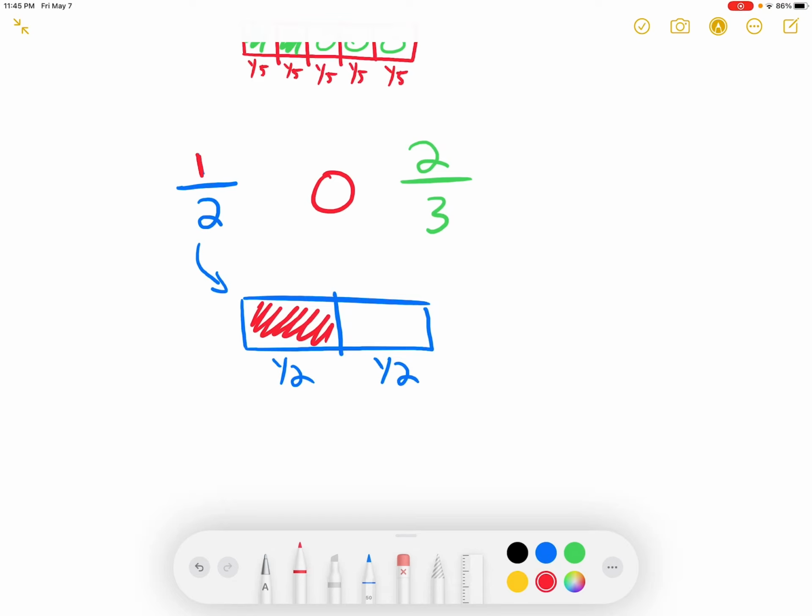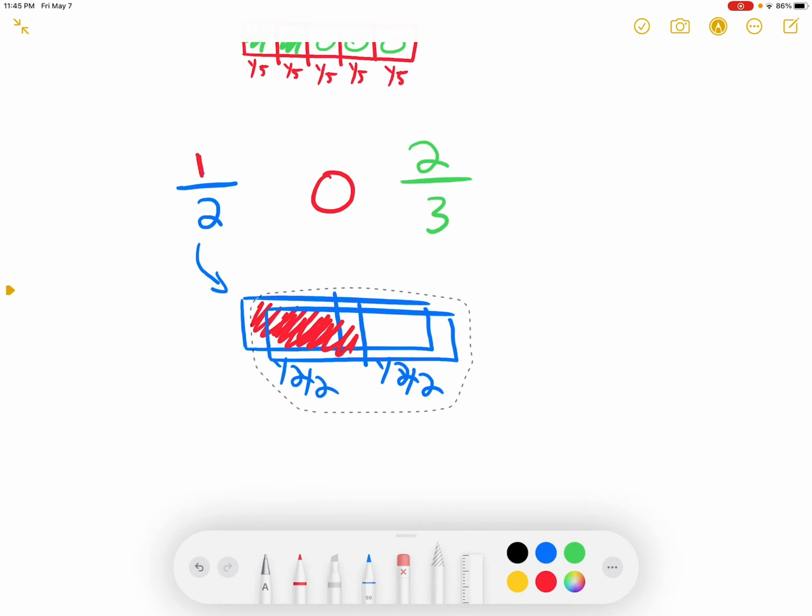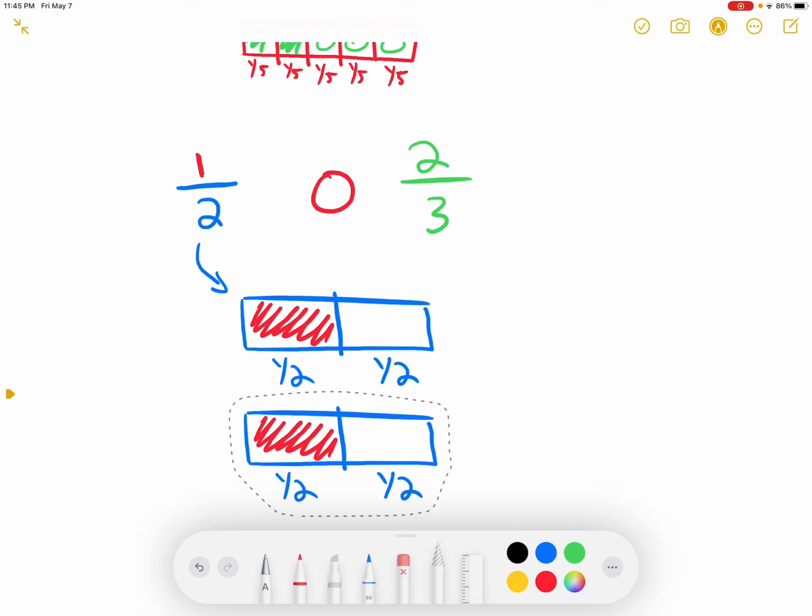Now, remember, to compare a fraction, you need to have it be the exact same picture, but cut into different ways. So I can't draw something that's a different size, right? Because it has to be the same area. So what I'm going to do is copy that, and change it so that it represents thirds instead of halves. Same size, and now I'm going to switch it into thirds.